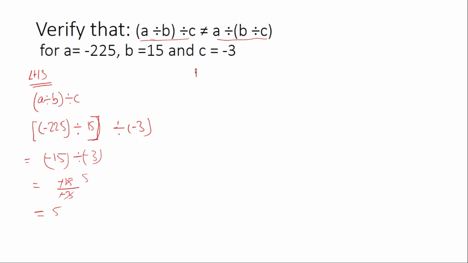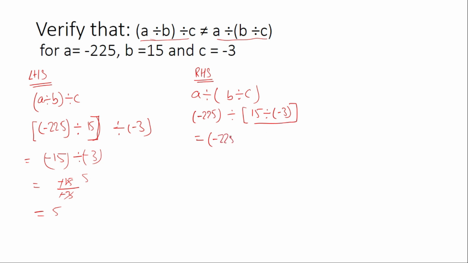Now we will solve the right hand side. It is A divided by B divided by C. Now put the values. Minus 225 divided by, the value of B is 15 and that of C is minus 3. So we will solve this bracket first.